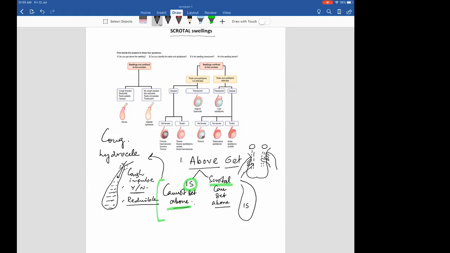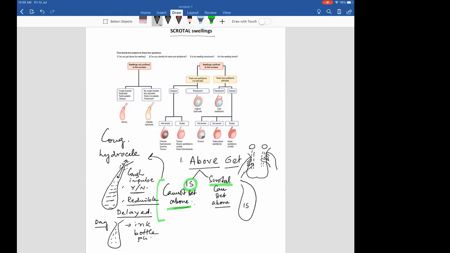A congenital hydrocele, something which communicates with the peritoneal cavity, is said to be delayed reducible. That means in the daytime, when the baby is standing, gravity pulls the fluid into this. Now, when you try to reduce this, there is leakage.